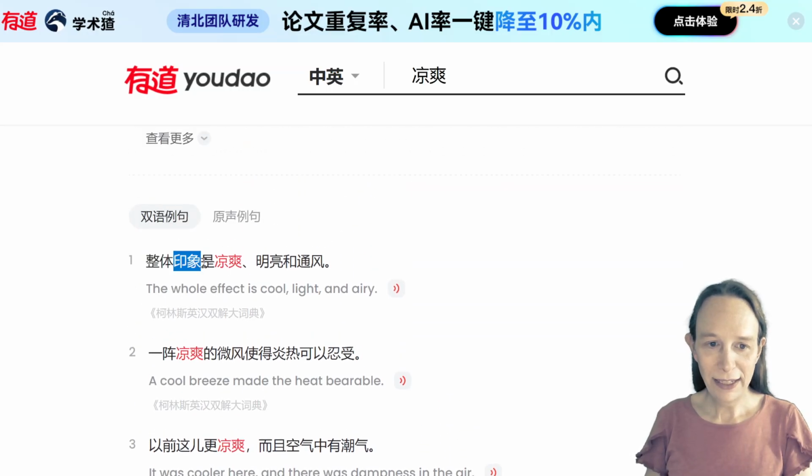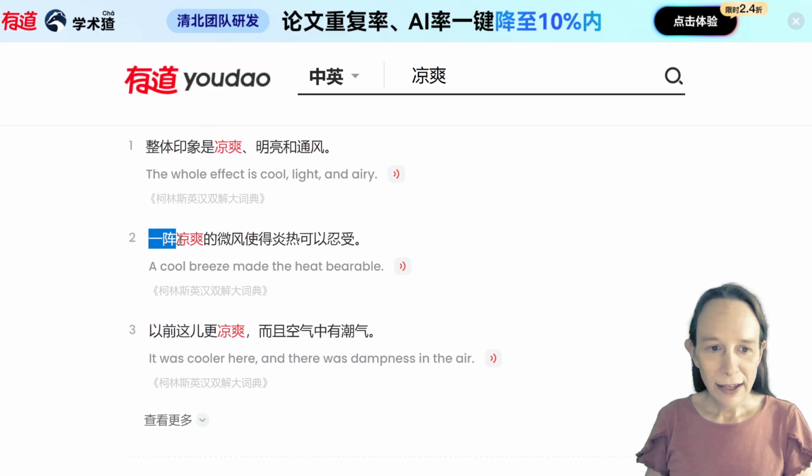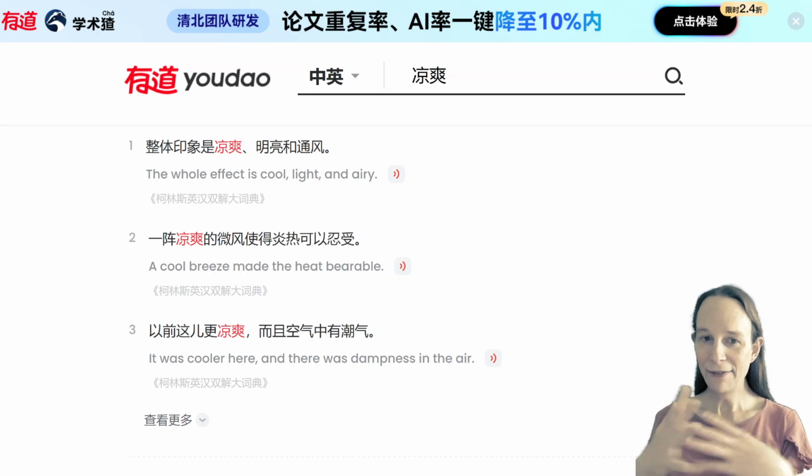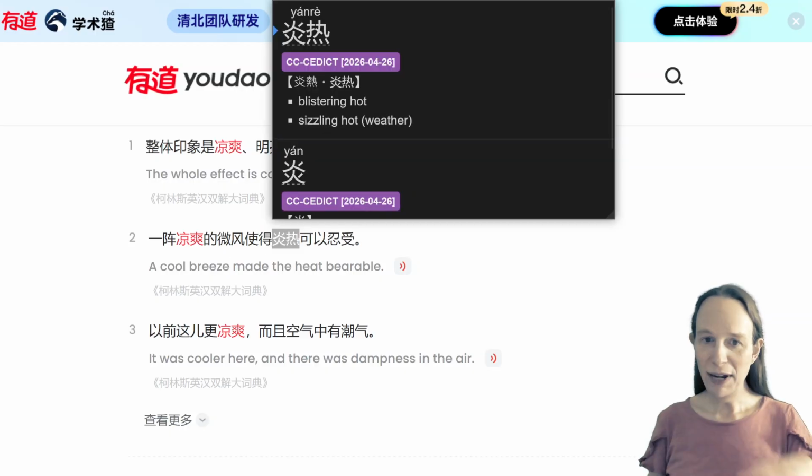Okay, 整体印象是凉爽. 整体印象 I don't know. Let's move on. 一阵凉爽的微风 Yeah, a cooling breeze. 觉得炎热可以忍受. All right, so yeah, we have 炎热 like blazing heat.